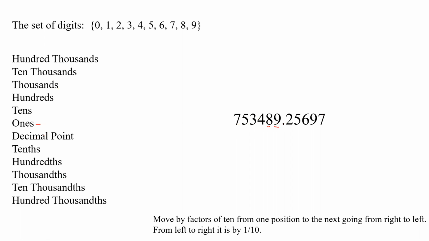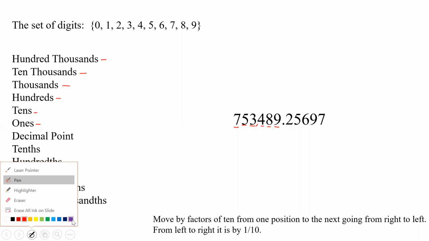Then the 8 is in the tens position. The 4 is in the hundreds position. The 3 is in the thousands. The 5 is in the 10,000s, and the 7 is in the 100,000s. So normally if we would have this as a whole number, we'd sometimes put a comma right there.